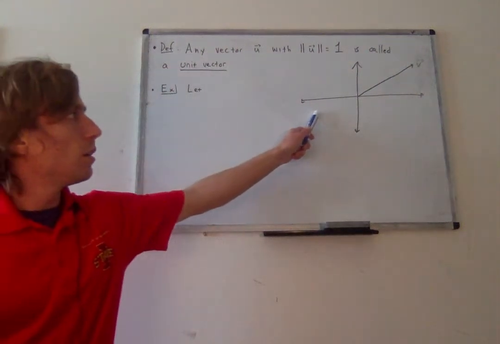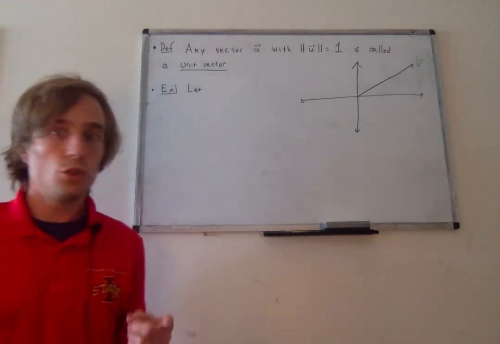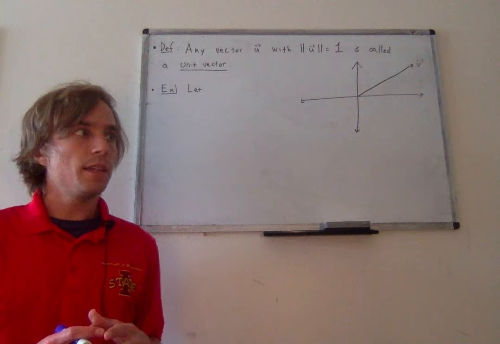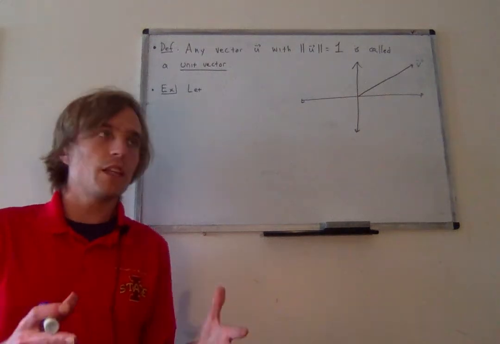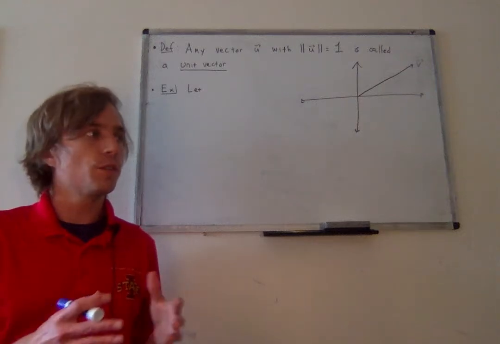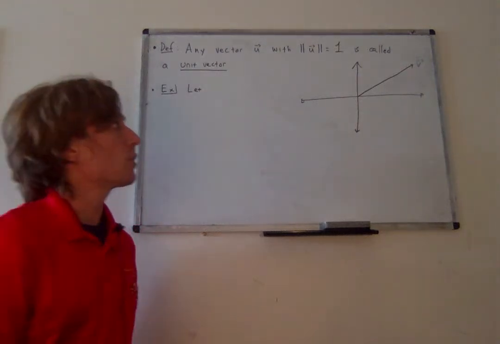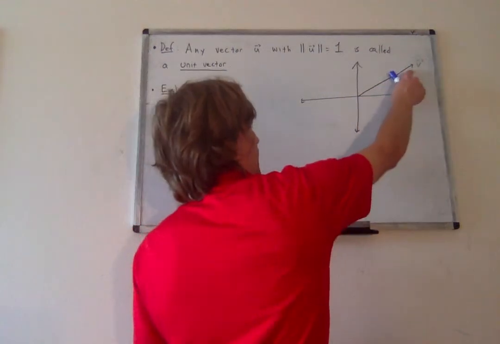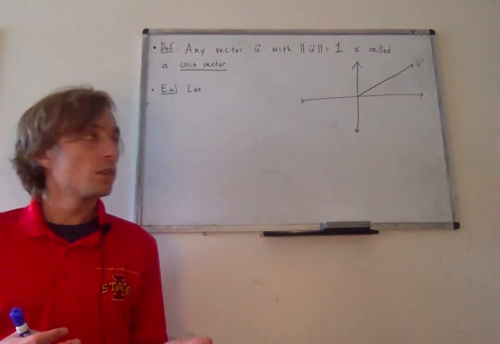So notice that I've got this vector v in R2. Even though we've expanded vector spaces to consist of a lot of different types of things, we really do care about the direction that a vector is pointing in, right? So here we've got v pointing in this direction, and maybe v has length greater than 1.